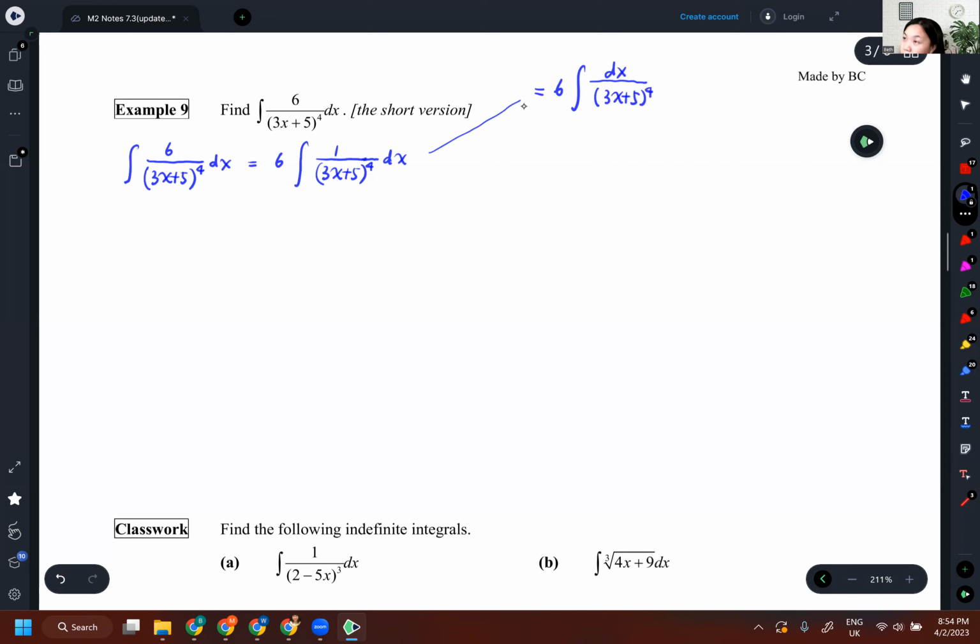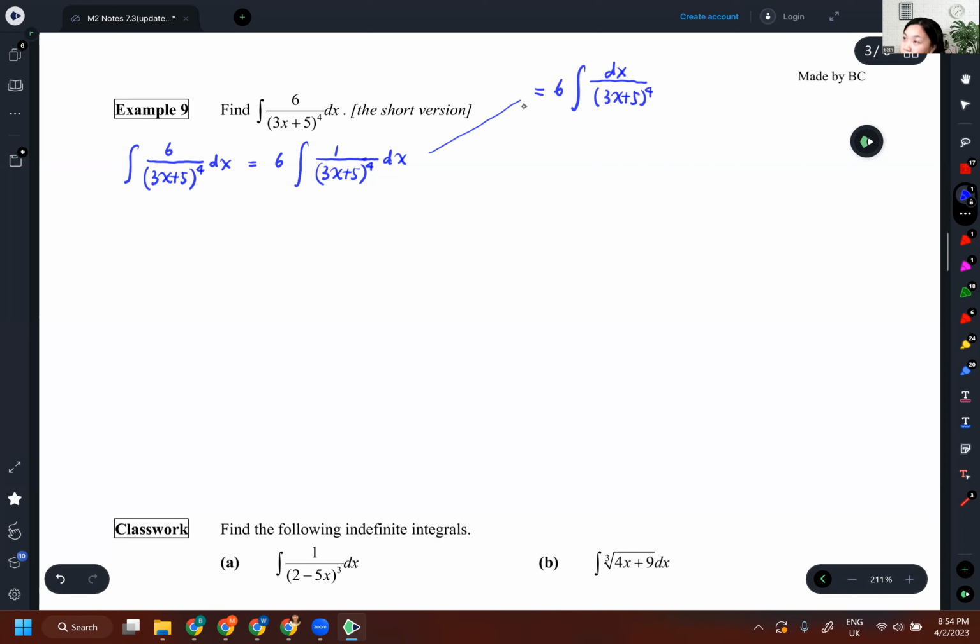It looks like, in my presentation, I am multiplying by 3 inside and dividing by 3 outside. Inside I'm multiplying and outside I'm dividing. It looks like I'm just cancelling each other out.